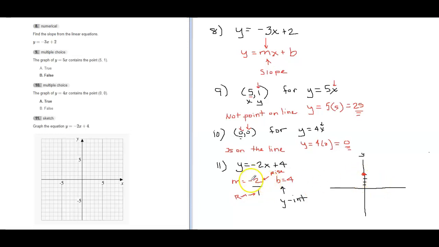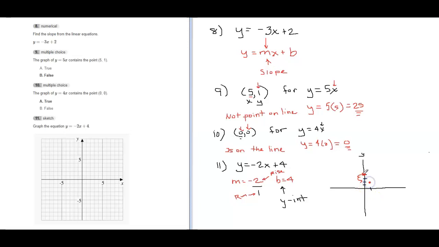So from this point, I'm going to go down 2, because it's negative 2. 1, 2. I'm not putting any point yet. After I go down 2, I move 1 to the right. Wherever you land, that's going to be your second point.